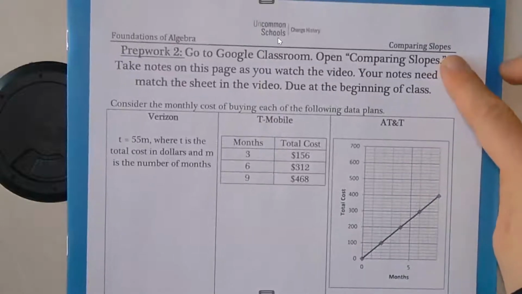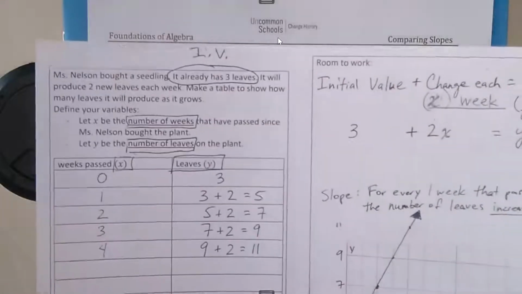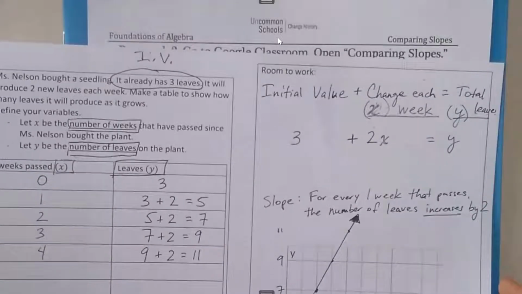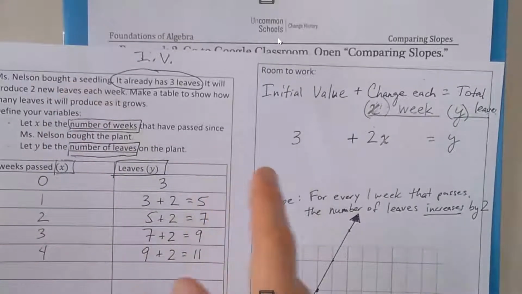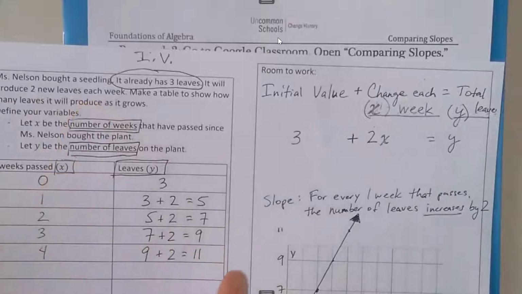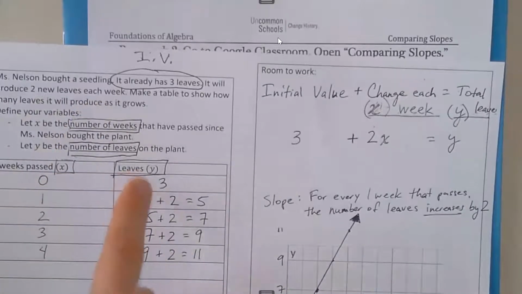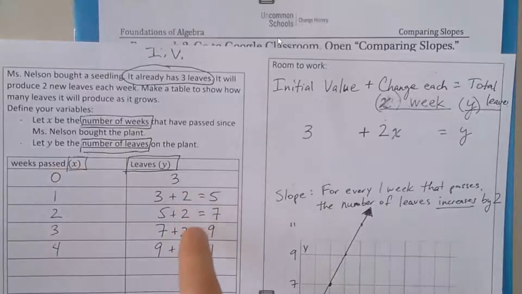I want to real quick remind you about this previous work that you did, because we're going to have to write an equation here, or interpret an equation rather, to find the slope. So remember with Ms. Nelson's seedling, it grew 2 new leaves each week. So the units of the slope were leaves per week, and you see repeatedly added 2.